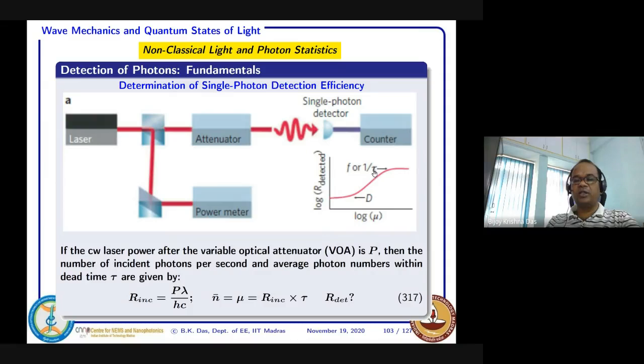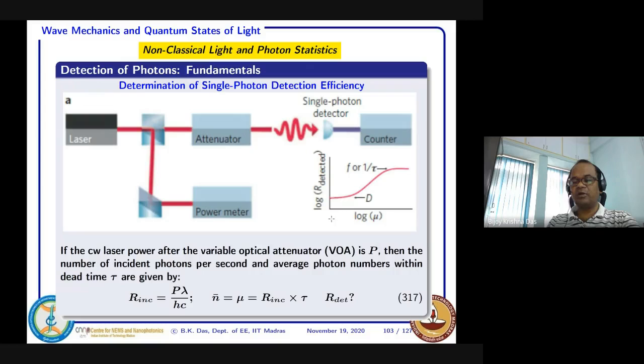That means the detection rate is just the inverse of the dead time, because beyond that it will not be able to count. Even though your photon number is increasing, it will not be counted. And this will be your initial value. Even at zero average number, you see something, that is dark counts, and the dark counts will be very slight, following again here.